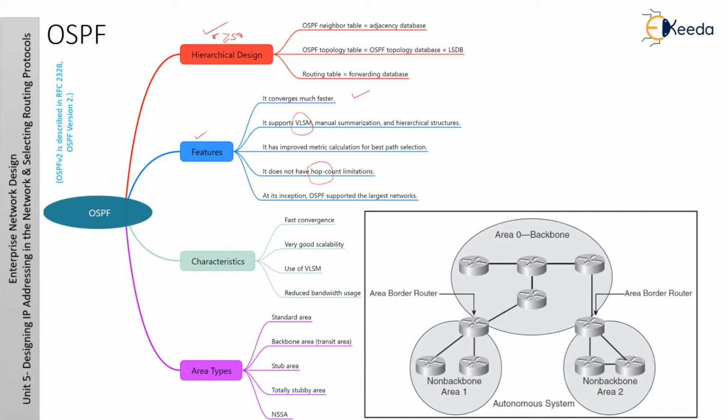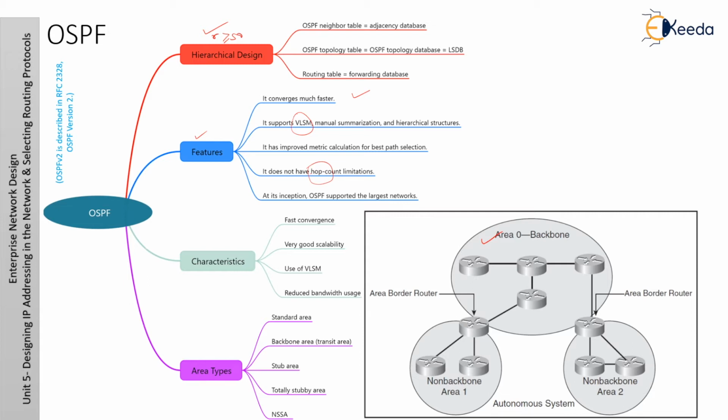In OSPF, there must always be one backbone area, that is area 0. Okay, this is our backbone area, to which all other network areas must be directly attached. A router is a member of an OSPF area when at least one of its interfaces operates in that area.